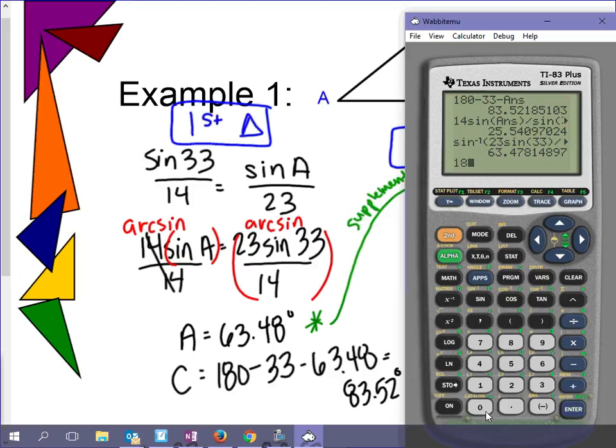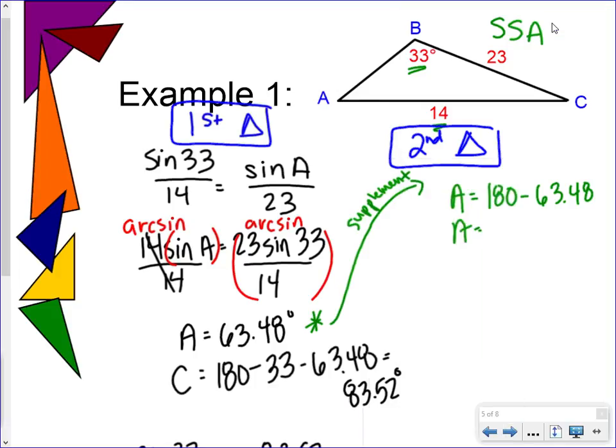And then if I want an exact answer, I do 180 minus that, which is 116.52. You're going to get 116.52 if you subtract 63.48. But now I have this answer recorded in my calculator, and I'll be able to use the non-rounded answer going forward. So 116.52.